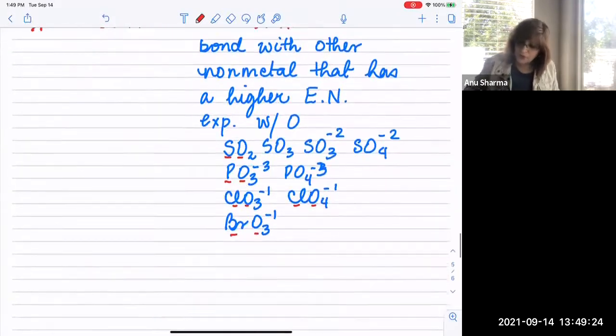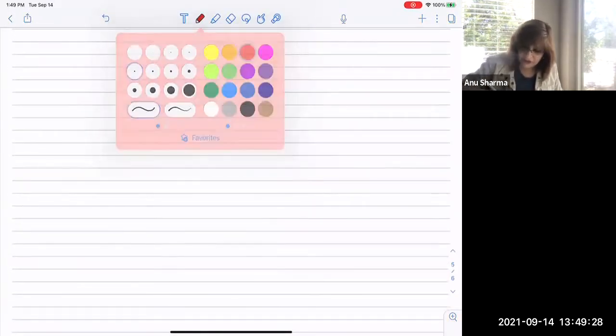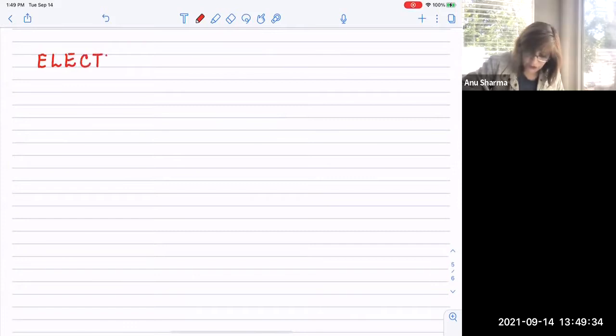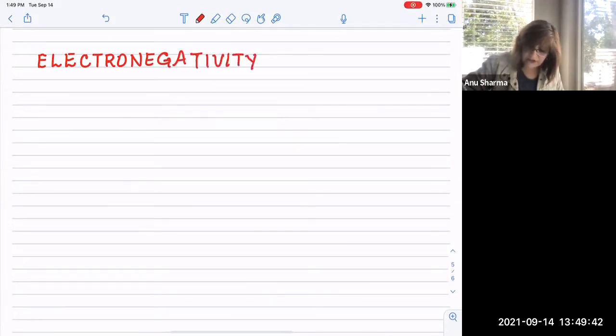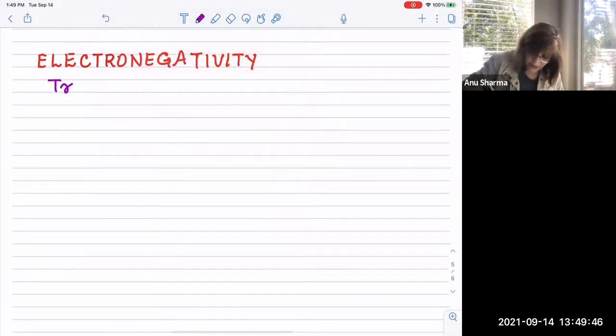Now, how do you know which element has a higher electronegativity and which one has a lower electronegativity? One way is the general trend in the periodic table.